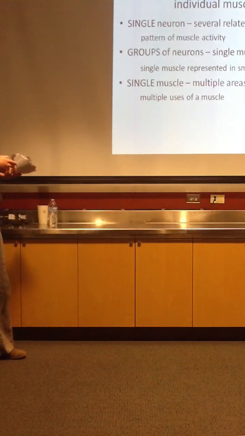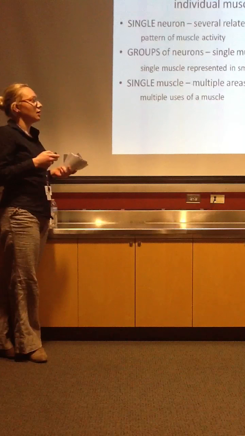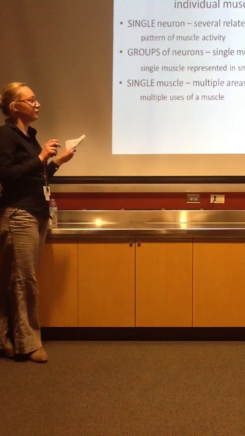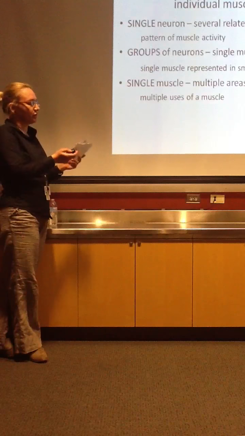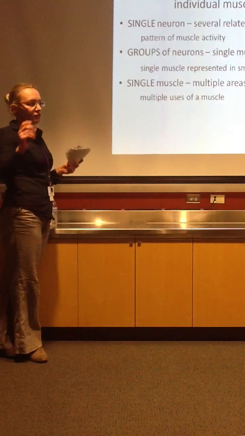There are cases when the groups of output neurons that innervate a single muscle are clustered in one region. So the single muscle can be represented in small areas of motor cortex.